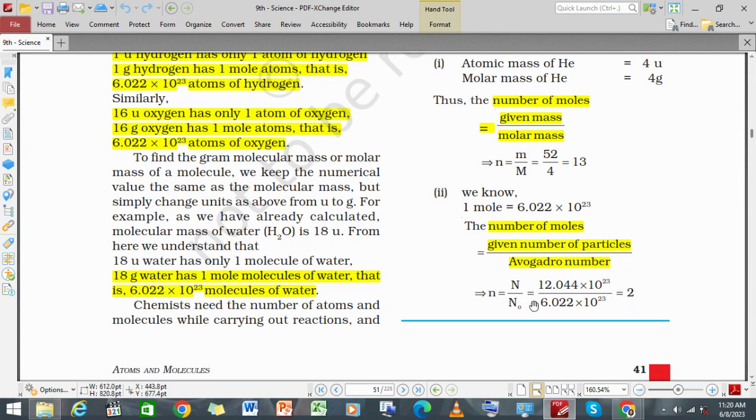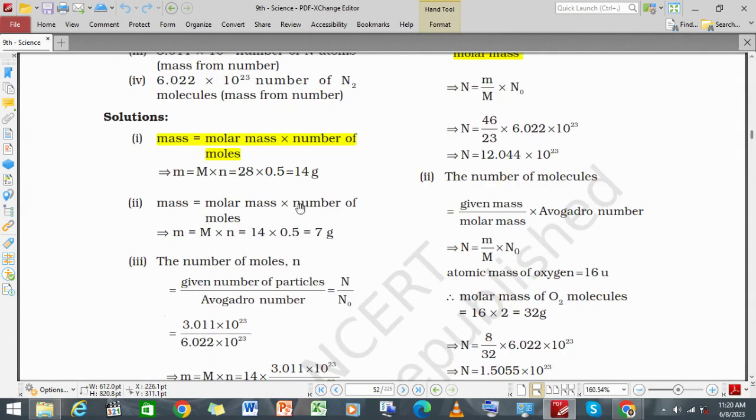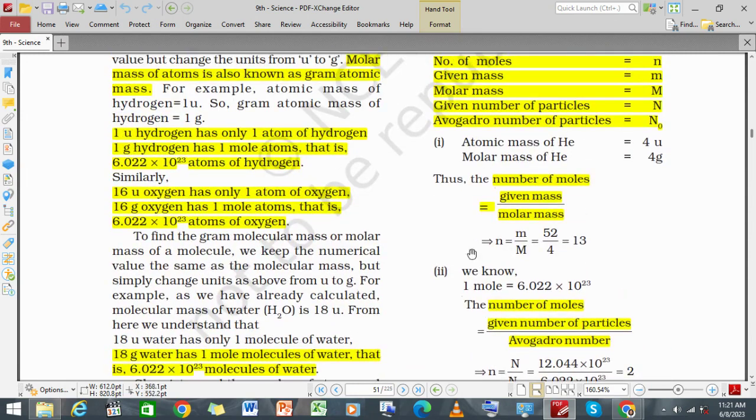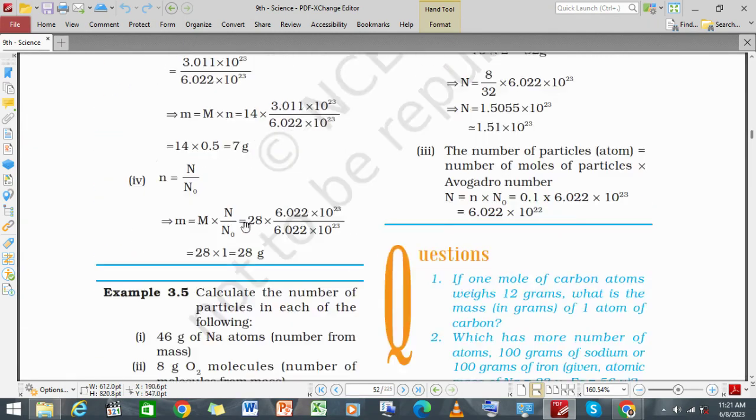We will divide, and the number of moles will be found. I hope it is understandable again. Another formula has been given: mass is equal to molar mass into number of moles. Just cross multiply this formula and you will get the same thing. Same formula used in a different way.